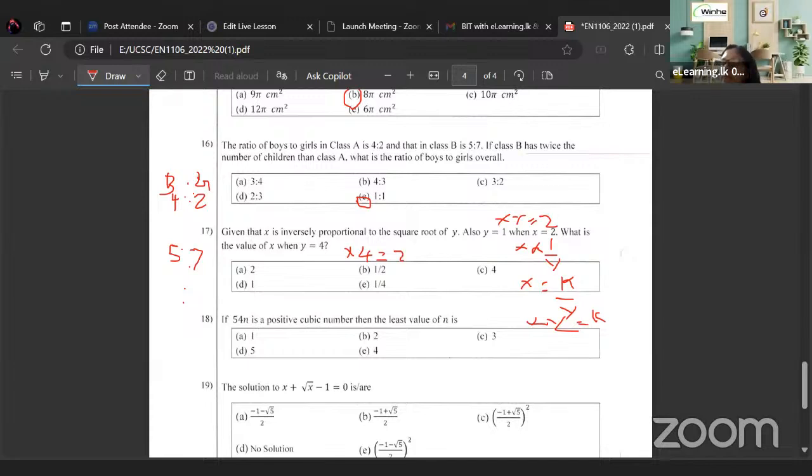So what will be the answer then? Then the answer should be B, no?